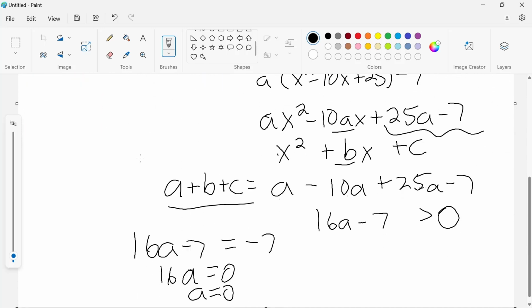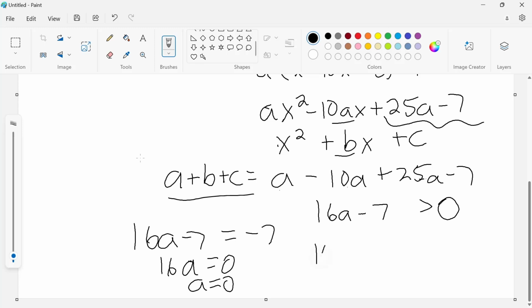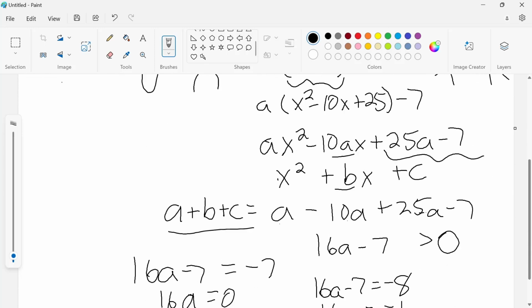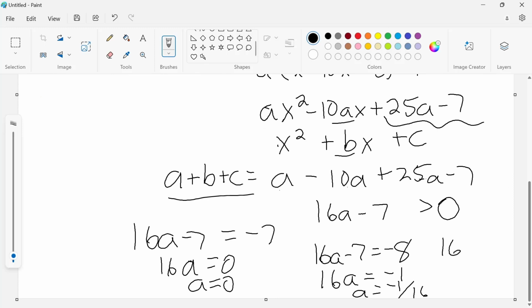And the same thing with minus 8. If 16a minus 7 equals minus 8, then 16a equals negative 1, and a equals negative 1 over 16. Well, that's not positive, that's negative. And if I do it for negative 9, 16a minus 7 equals negative 9, 16a equals negative 2, a equals negative 2 over 16, which simplifies to negative 1/8, but it's still not positive.